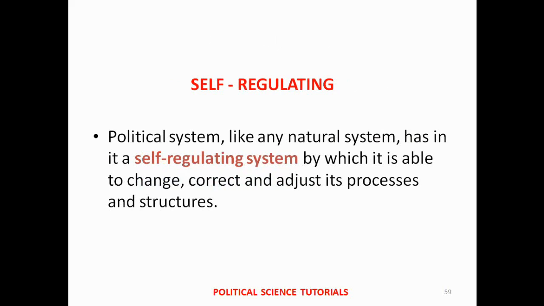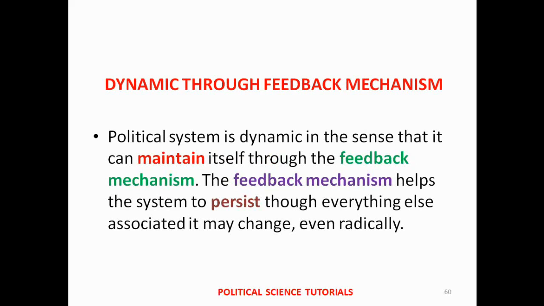To change, correct and adjust, the system has a self-regulatory process. The fourth characteristic of a system, it is not static. Through the feedback mechanism, it is dynamic in nature. In the face of change, this feedback mechanism helps the system to persist or to maintain its order.